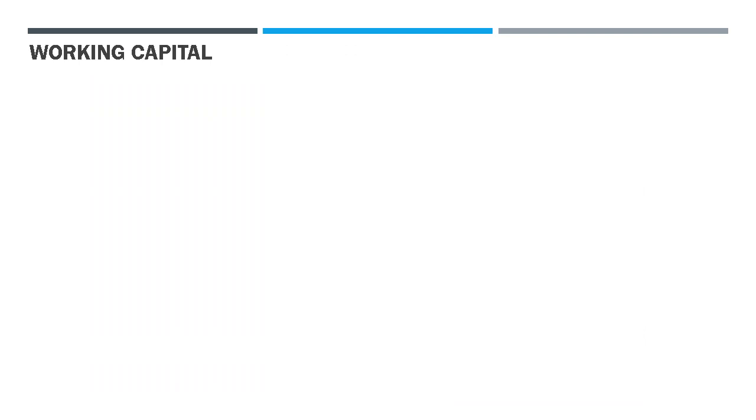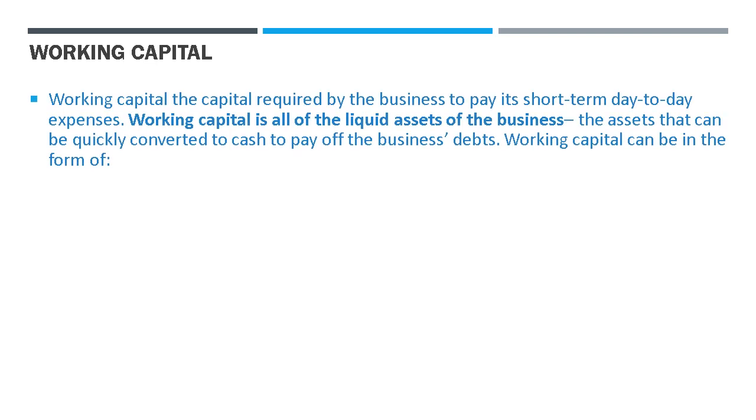The last topic of this chapter is working capital. Working capital is the money required by the business to pay its short-term day-to-day expenses. Working capital can also be calculated by deducting current liabilities from current assets.